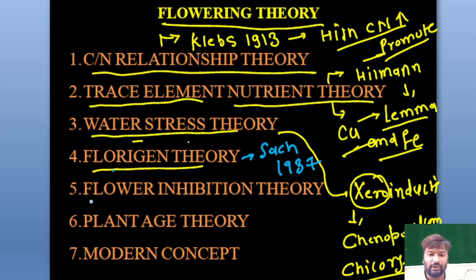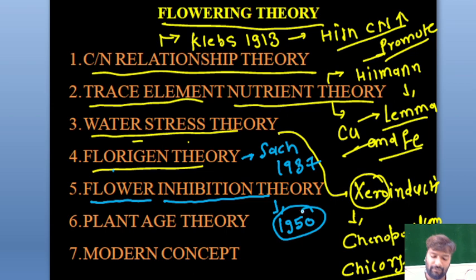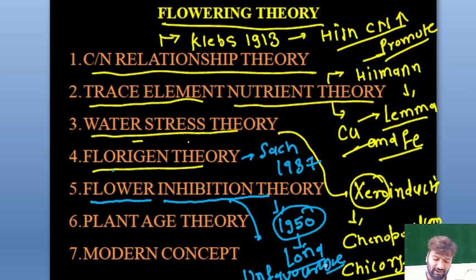Then the fifth theory is the flower inhibition theory, proposed in 1950 by the scientist Loona. According to this theory, unfavorable conditions such as drought, heat, cold inhibit the flowering process.